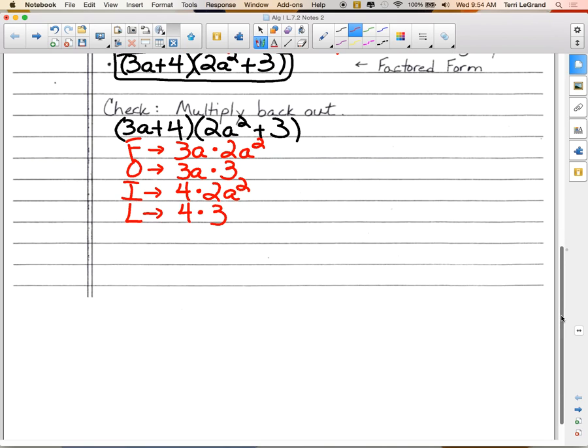And you don't go looking through the 4-term polynomial to know what your product should be. You actually multiply it out and see what products you get.